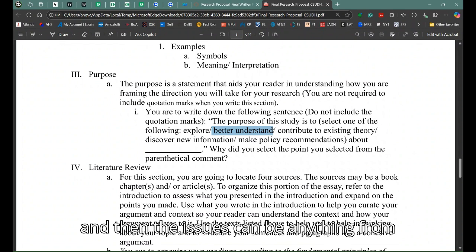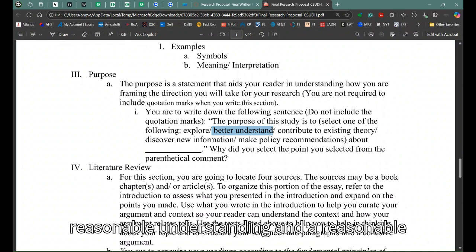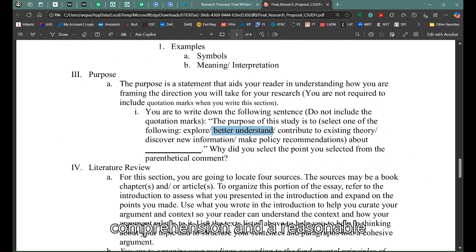The issues can be anything from theoretical, empirical, to evidentiary, the evidence that is used, and even how these ideas are presented and framed. So by selecting better understand, you're telling your reader that you have a reasonable understanding, comprehension, and command of the different issues about this particular topic. This is a little more challenging than explore.